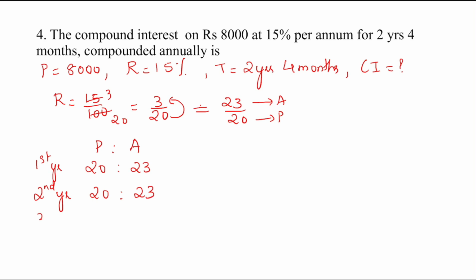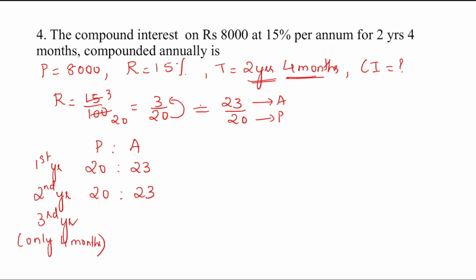Then for the third year, don't take the 20 itself, because in the third year it is only for 4 months they are saying. 2 years are complete, but in the third year it is only 4 months. So for only 4 months how much will be the ratio?